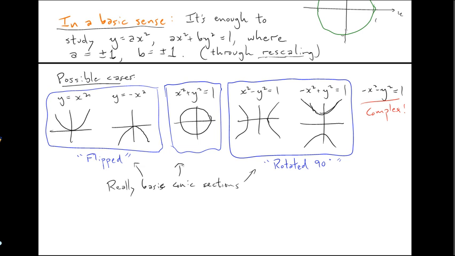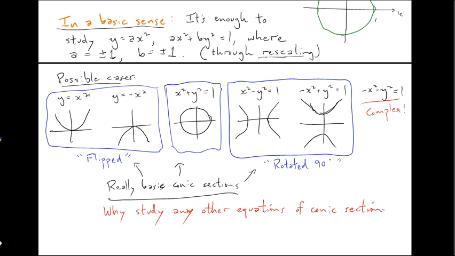So, if we can boil things down that much by choosing coordinates to describe things really simply, why would we study any other equations of conic sections? Why don't we just wipe out every other quadratic from the textbooks and just look at equations like this where the coefficients are 1?